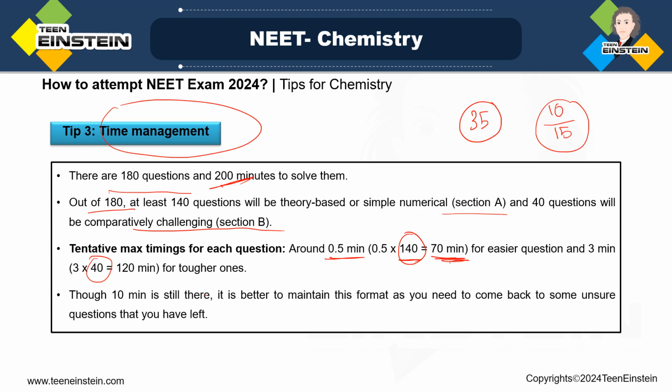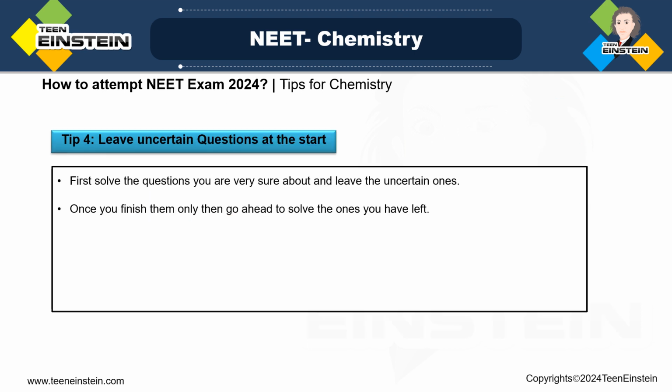Even though it is there, still try to maintain this format. Why is it important? Because sometimes you need to come back to some questions which you have left and are not sure about. For those unsure questions, this 10 minutes is obviously required, right? So in this way you can manage the time.